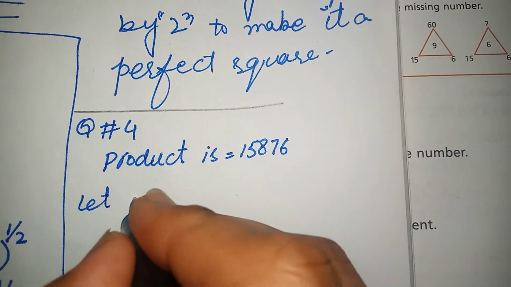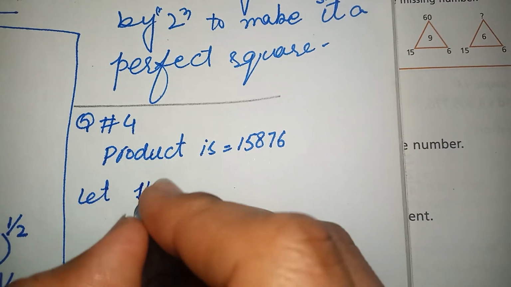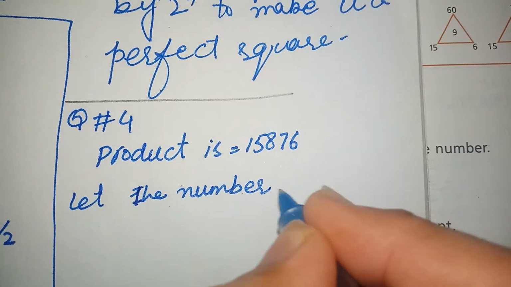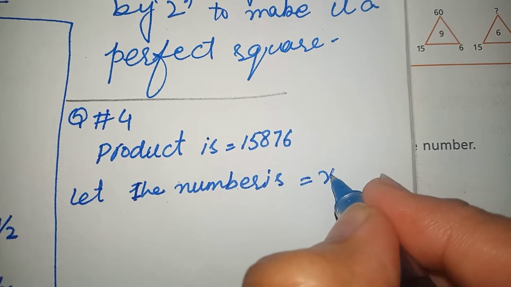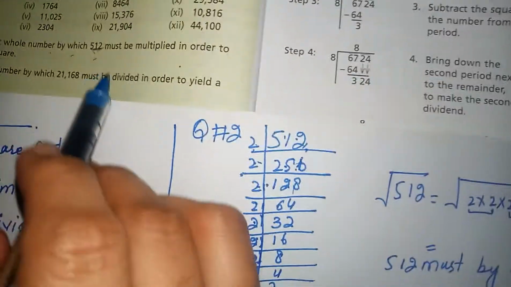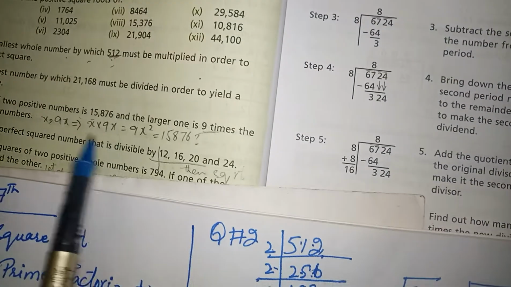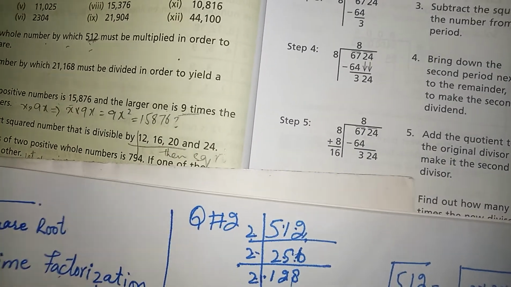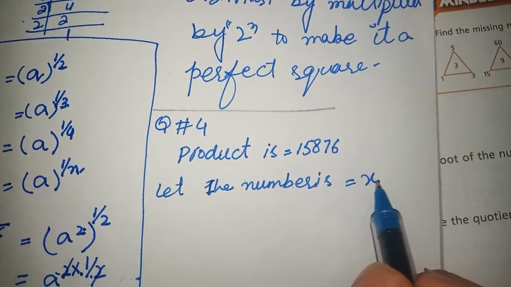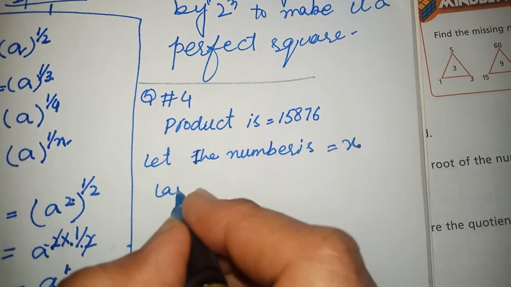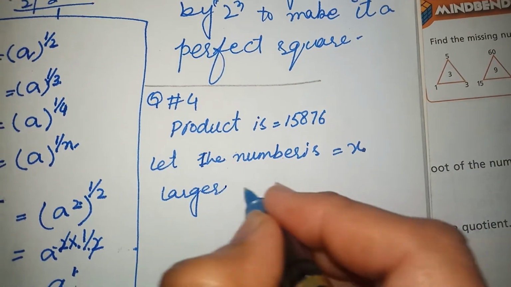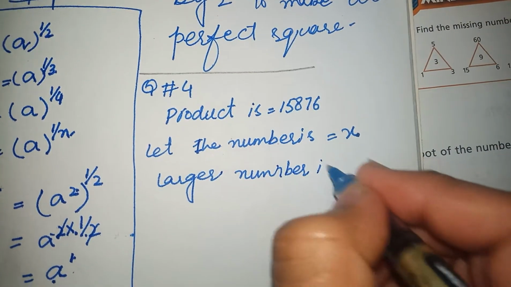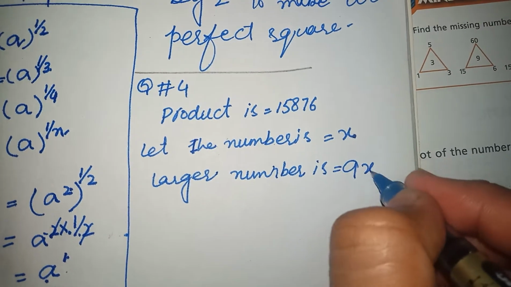Let the first number be x, and the larger one is 9 times the other.